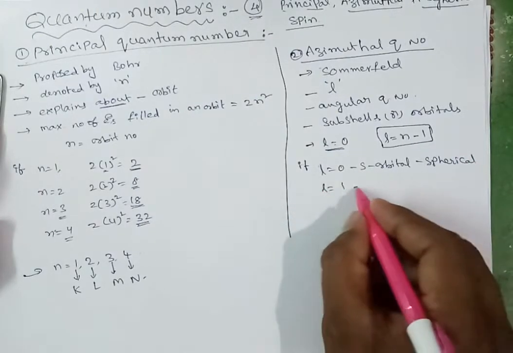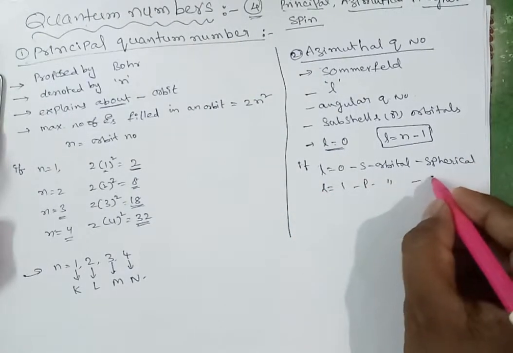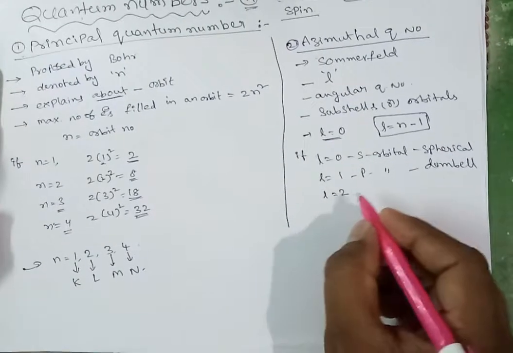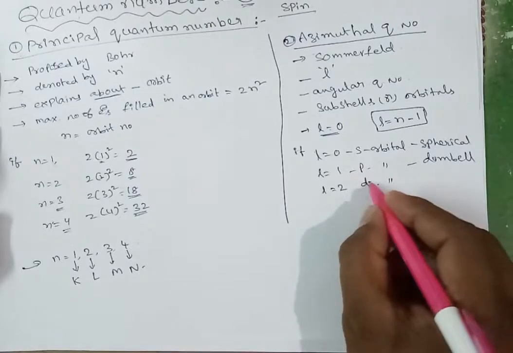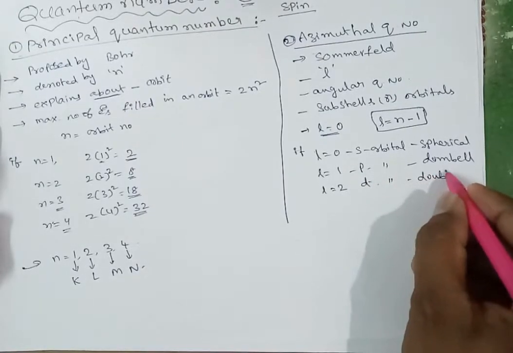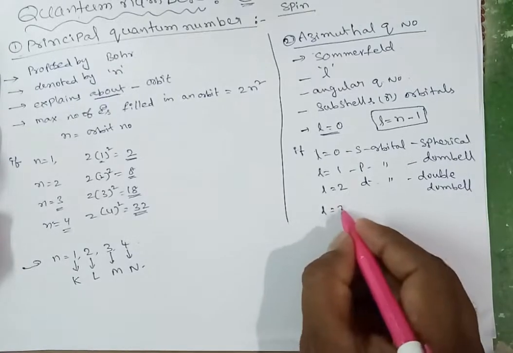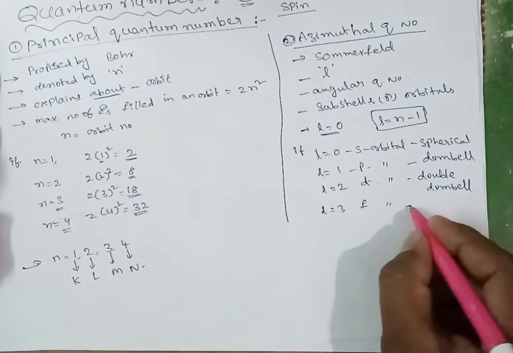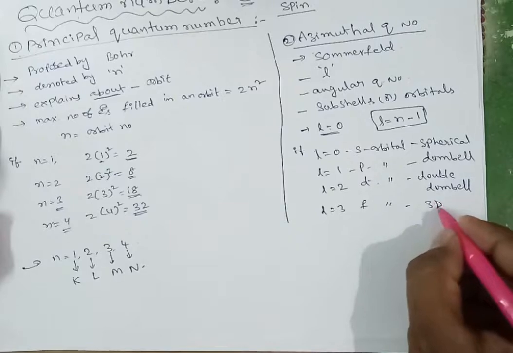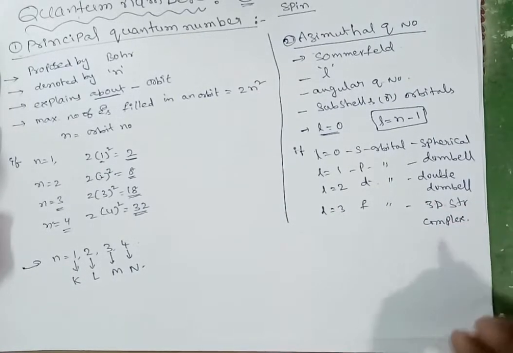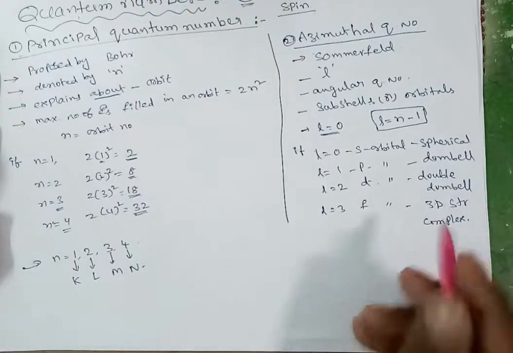If l equals 1, that is p orbital, which is dumbbell. If l equals 2, that is d orbital, and its shape is double dumbbell. If l equals 3, that is f orbital, which has a 3D or complex structure. We can't draw it on board and paper.